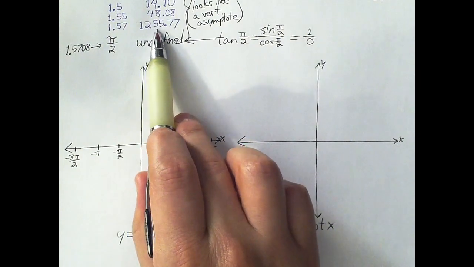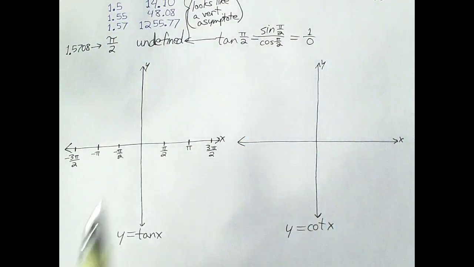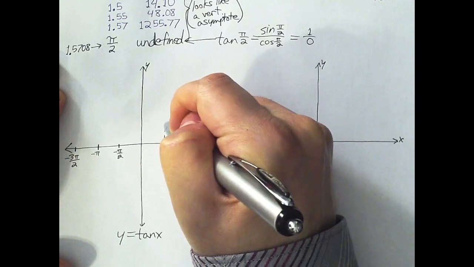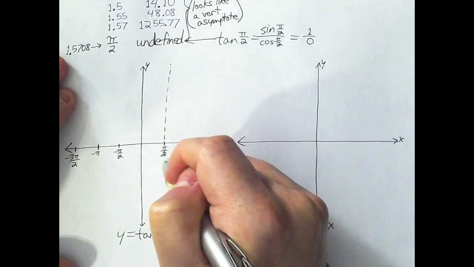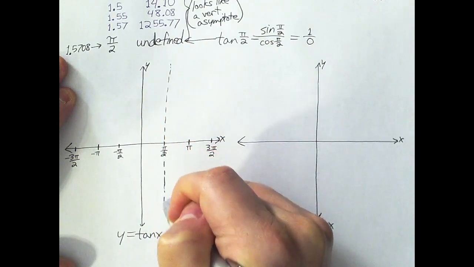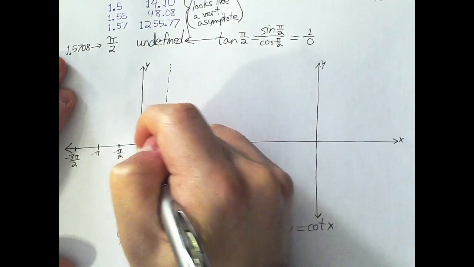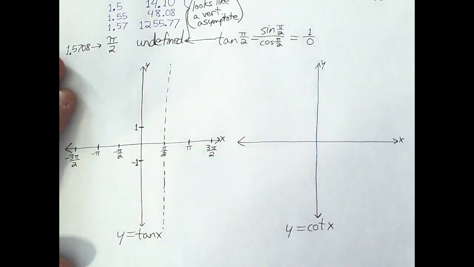If we haven't said it before, the range of tangent seems to be all real numbers. It seems like we're able to go up and up and up forever. All right, I said it looks like there's a vertical asymptote at pi over 2, so I'm going to draw a dashed line. And as far as vertical scale goes, let's just put a 1 here and a negative 1 here, just to give us scale.